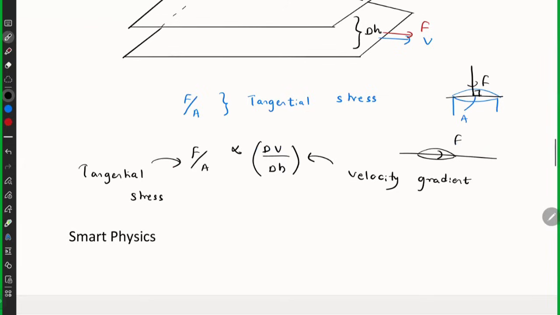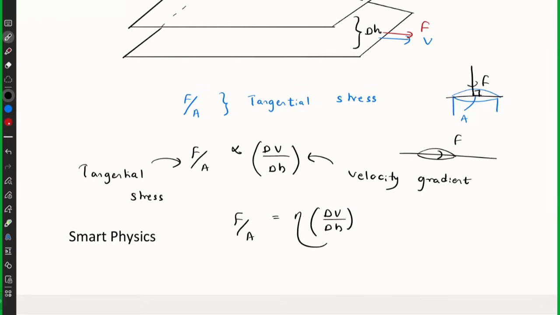And now, as always, there's a particular constant that we put in to make it an equation. So we can say F over A is equal to some kind of a constant, but this constant is special. That's called eta, multiplied by delta V over delta H. This delta V over delta H, we know, is the velocity gradient.